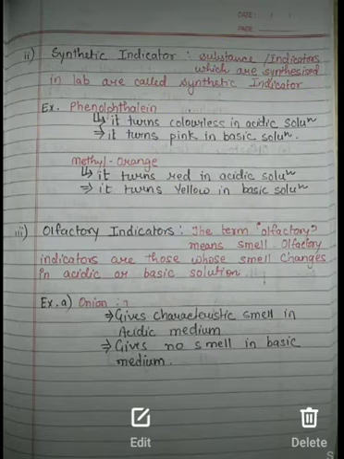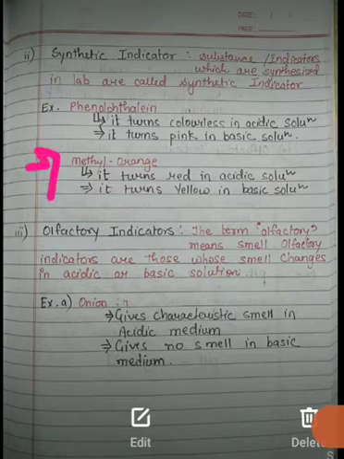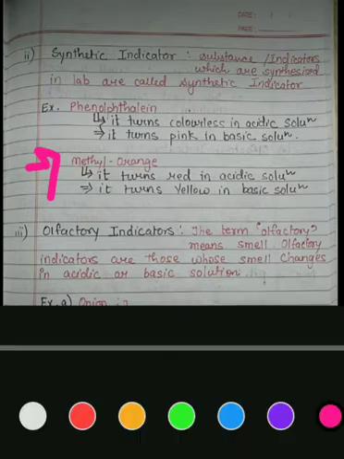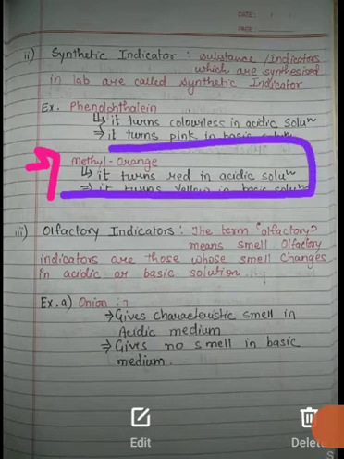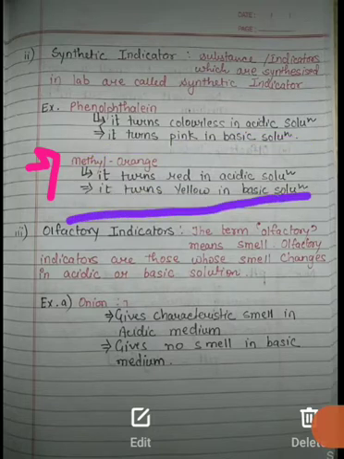So you have to pay attention to these transformations, that is, from which color to which color they are changing. Now let's talk about methyl orange. Methyl orange turns red in acidic solution. You can remember this easily because in acidic medium, pH paper also turns red. So here also methyl orange turns red in acidic solution, but in case of basic solution it turns yellow.